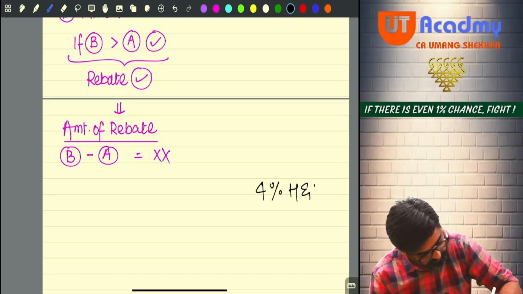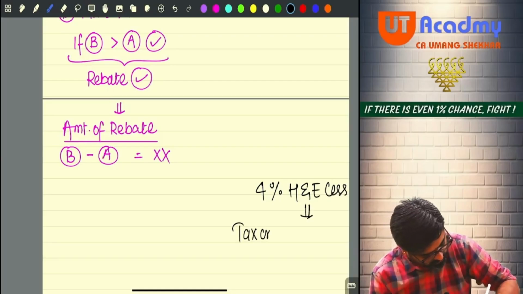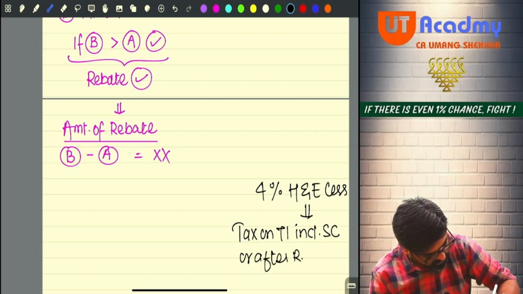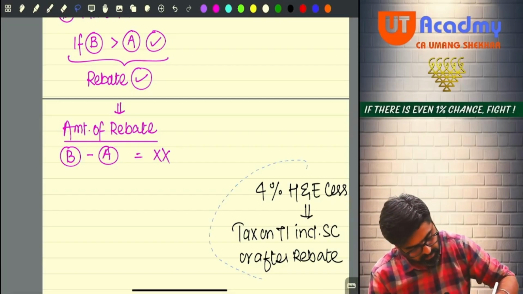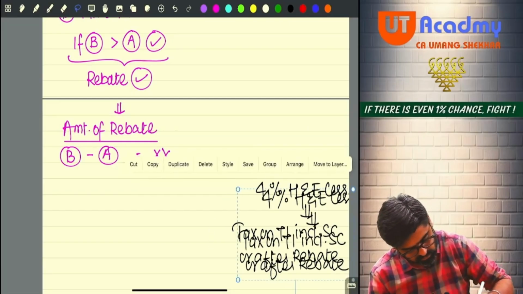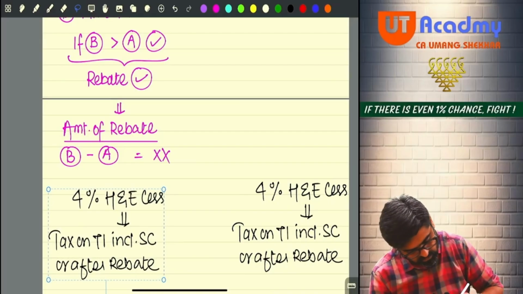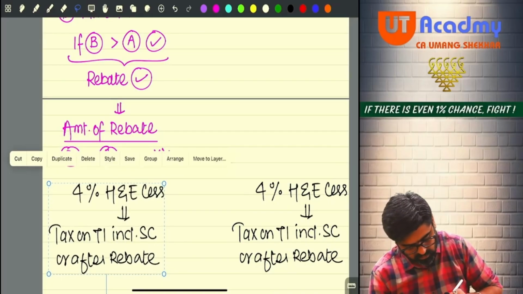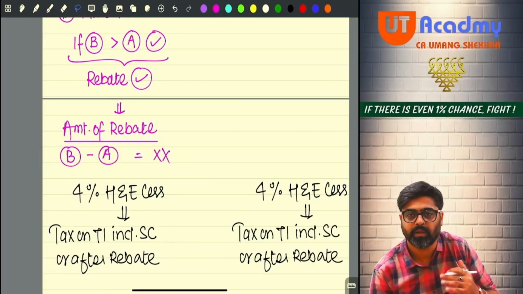Health and education cess is applied on tax on total income including surcharge or after rebate. That you are going to apply here also. Okay, sir, that 4% is supposed to be paid both the times.